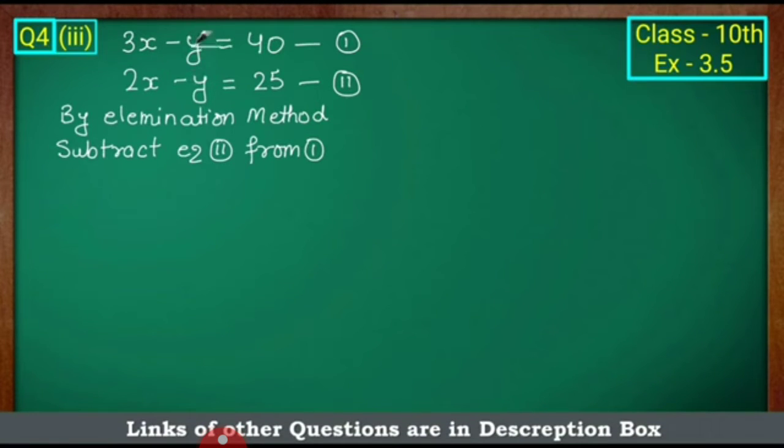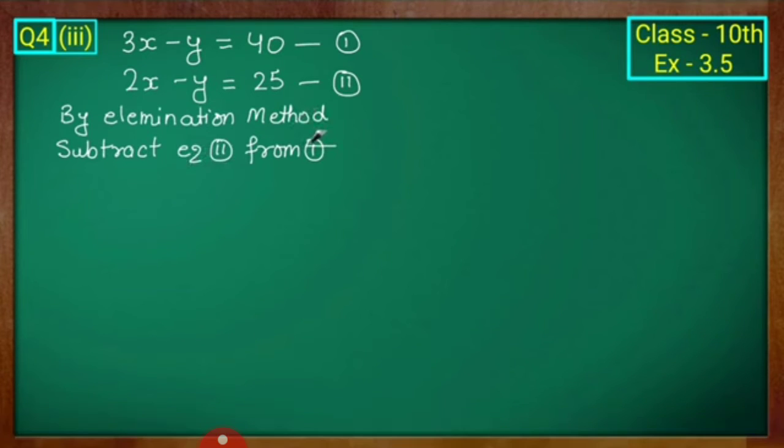So by the elimination method we are going to subtract equation 2 from equation 1. The first equation is 3x minus y is equal to 40. Any method you can apply, but I am applying here the elimination method. 2x minus y is equal to 25.